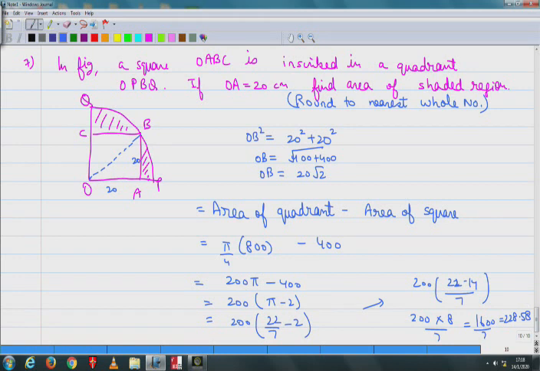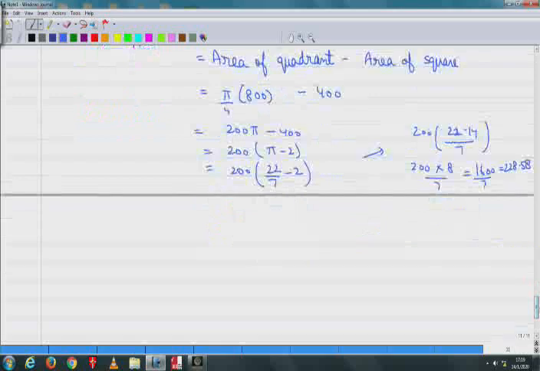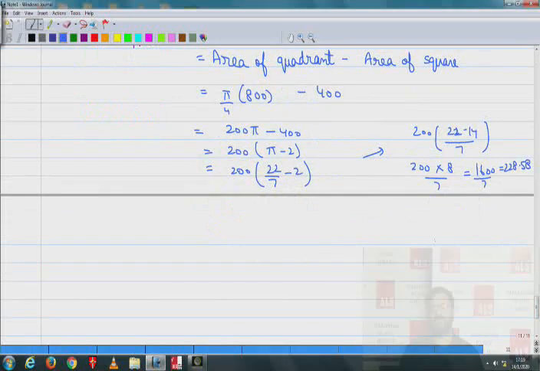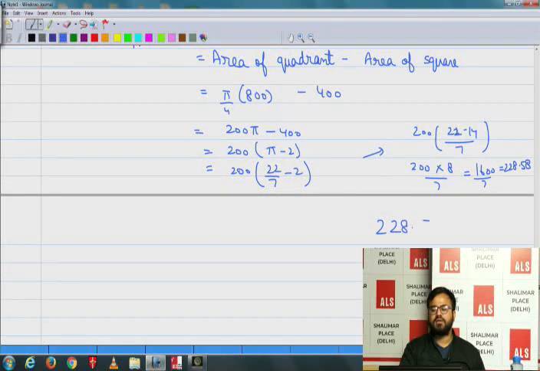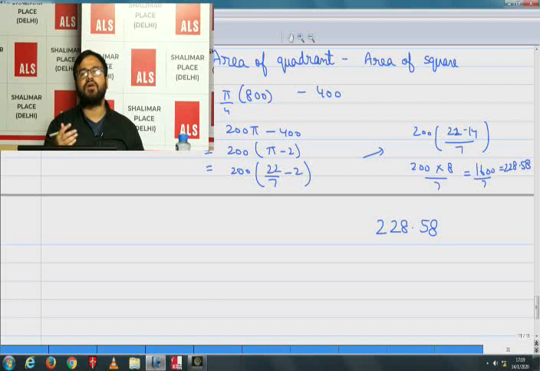Now the main thing is, if it says round to nearest whole number, it means we have to round to the complete number. Since you are giving 228.58, we have to see after the decimal whether the digit is 5 or greater than 5, or less than 5.